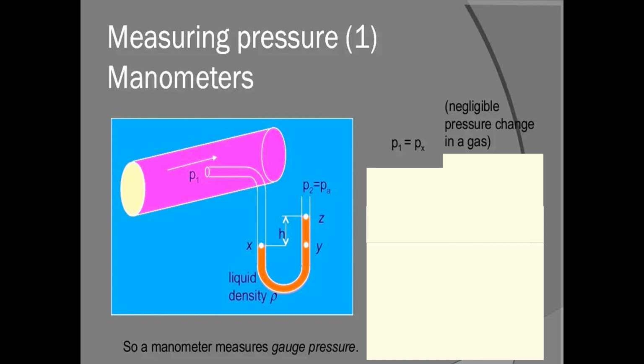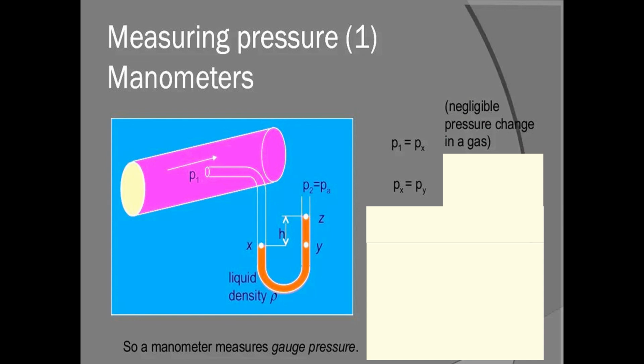So therefore, the pressure that would be generated out of that tube will be negligible. So therefore, P1 would be equal to Px. So take note that the negligible pressure can only be applied if we have a gas element inside the tube.